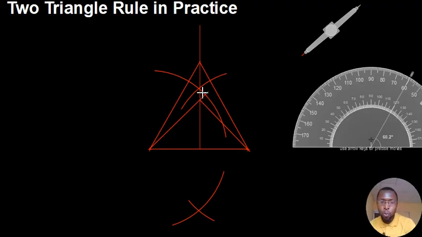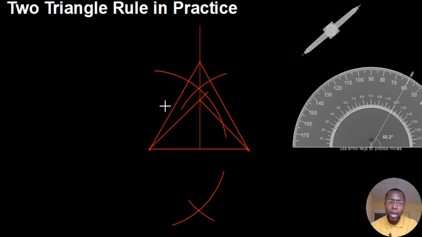Now with this particular one here, if I want to draw a square, this center will be the center of my square. If I want to draw a pentagon, I will have to bisect this point and this point here. And if I want to get a hexagon, I will have to make this point the center of my circle.